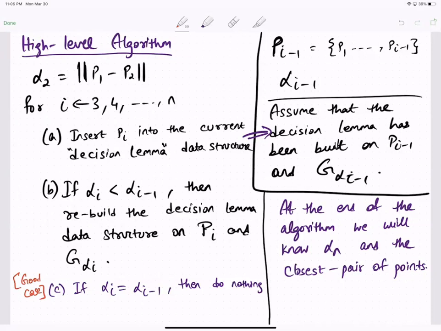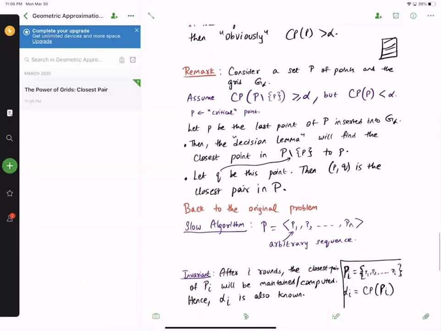However, if this happens, that's the bad case. This is a bad case because this point Pi that you inserted is part of the closest pair in the first i points. And based on the remark that I mentioned before, you can go back to that.